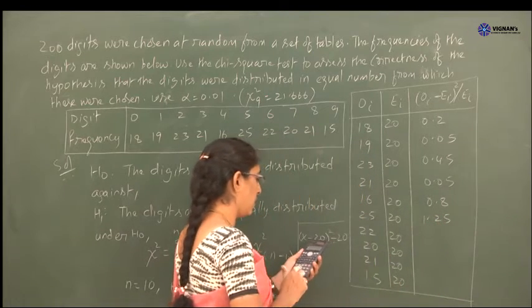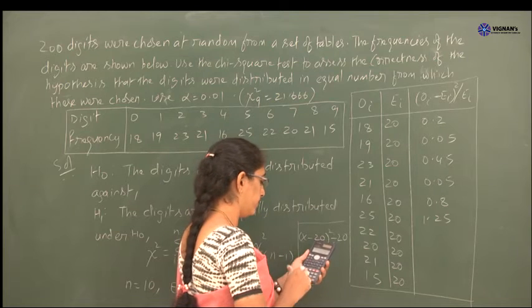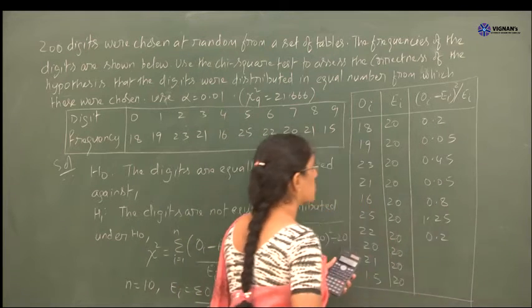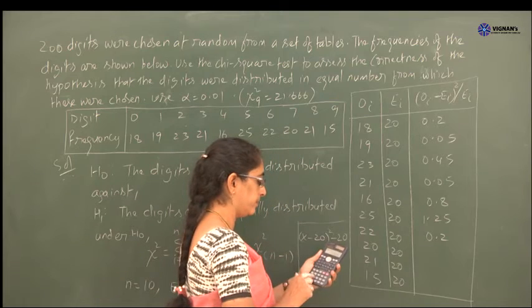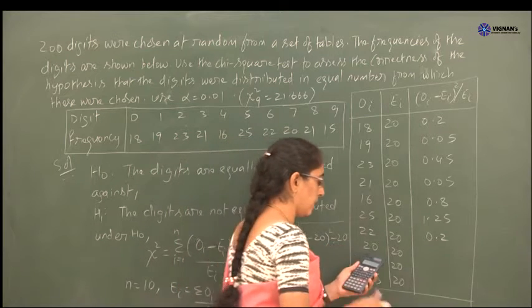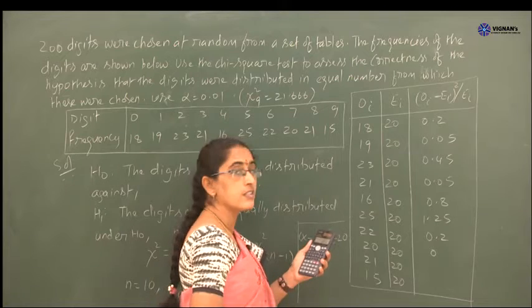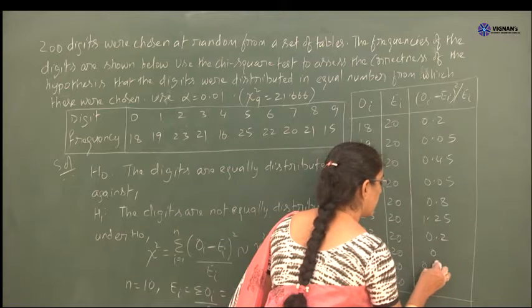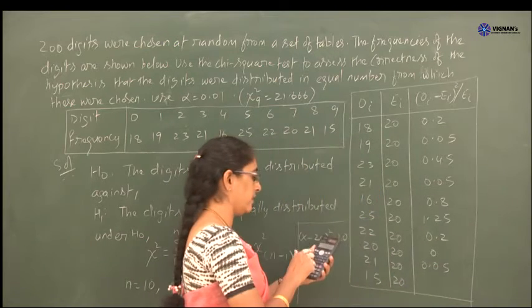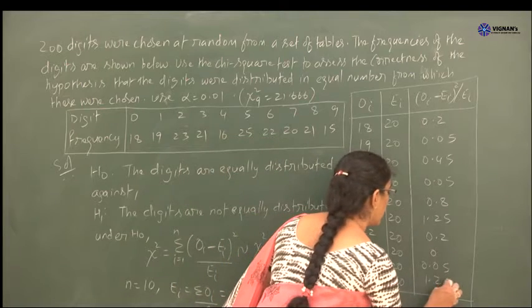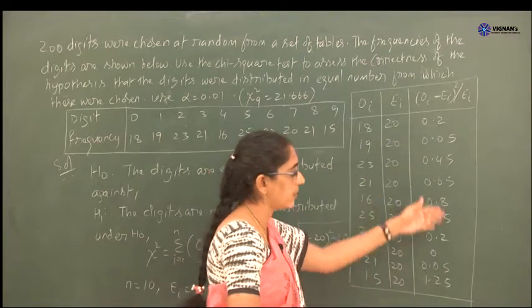Next 22 gives 0.2. Next 20, of course, is 0 only. Next 21 gives 0.05. And 15 gives 1.25. Now we have to add all these values.